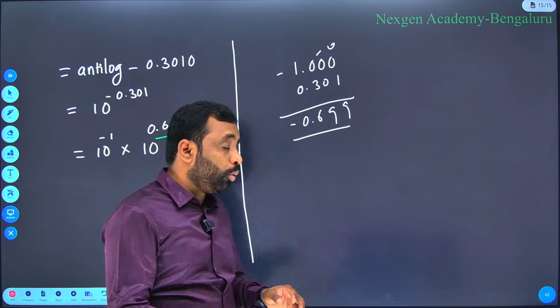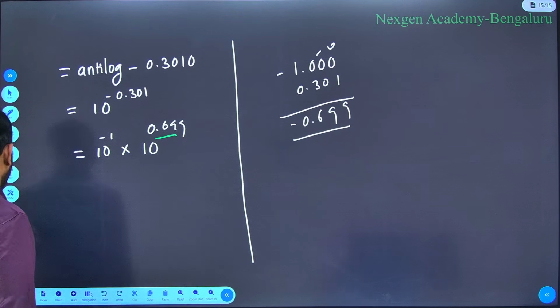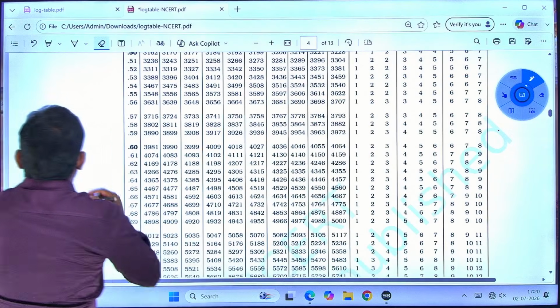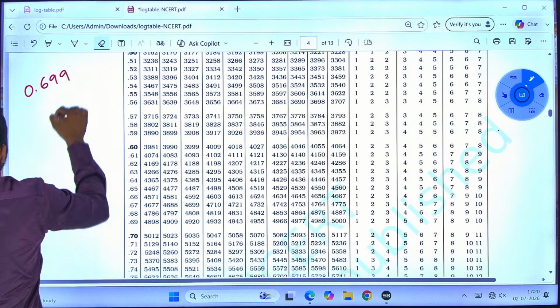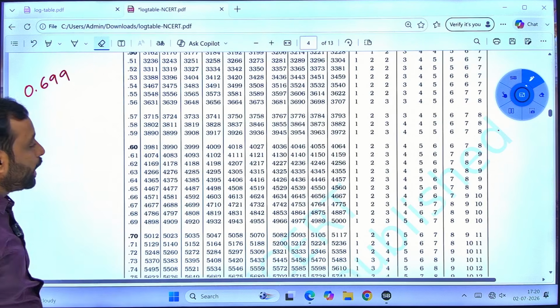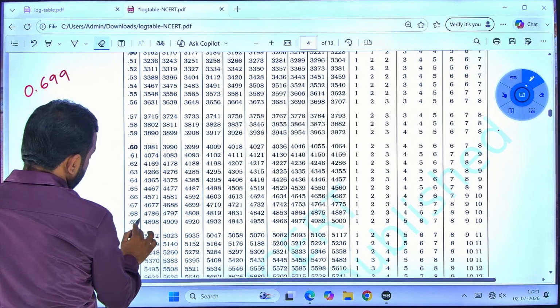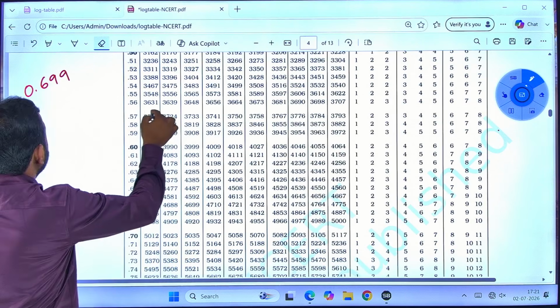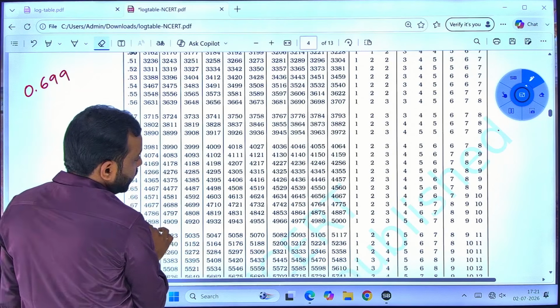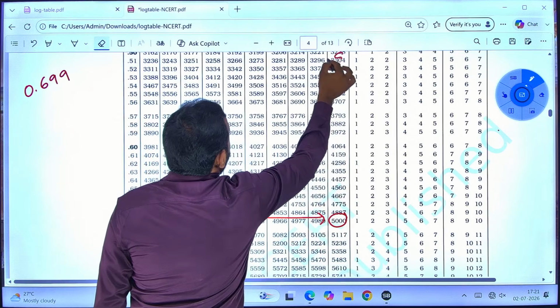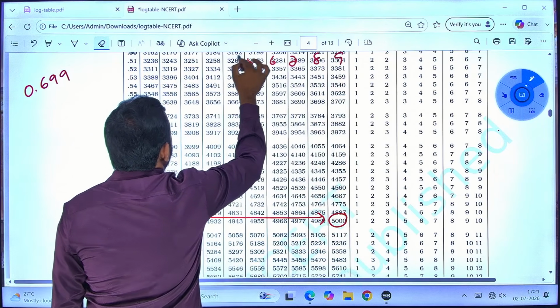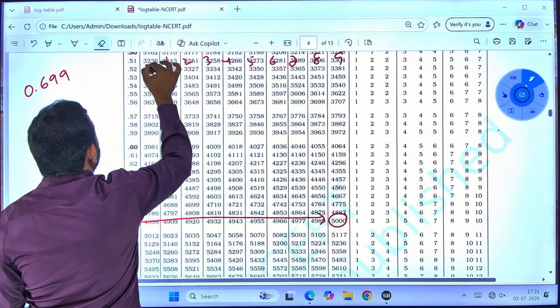Let us go to the original discussion, which means we go to the table. So 0.699. Earlier we have calculated, right? 0.69 under 9. What is there here? This is 9 only, right? 9, 8, 7, 6, 5, 4, 3, 2, 1, 0.